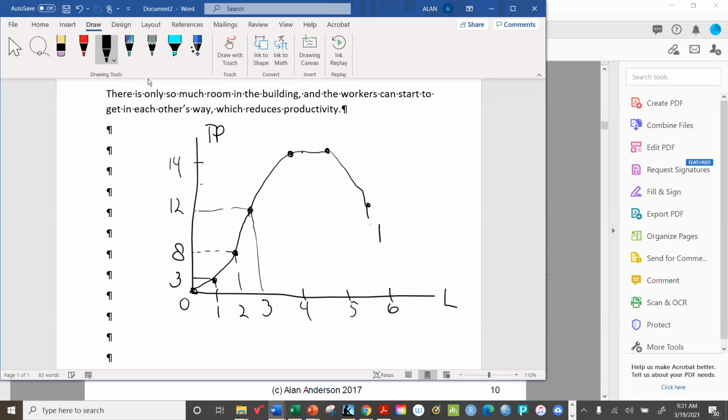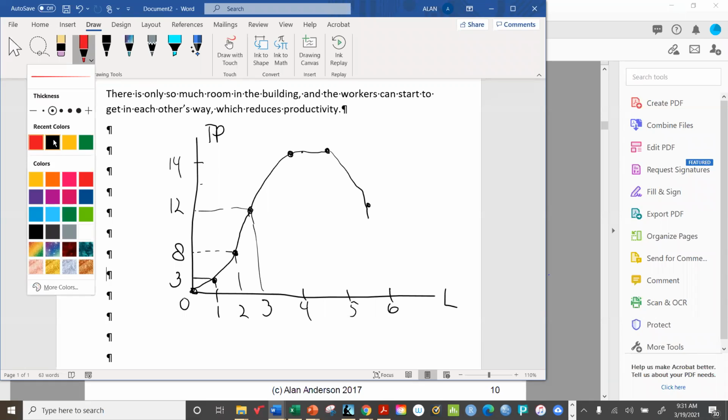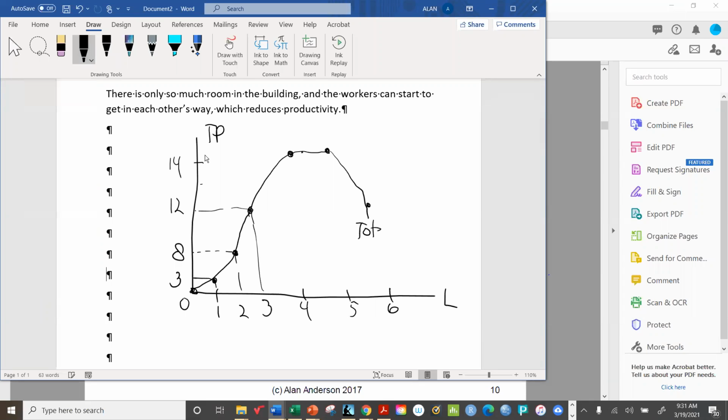All right, that's not so awful. I mean, it could be better. This curve, by the way, is called the total product curve. And this TP is in terms of gallons per day.